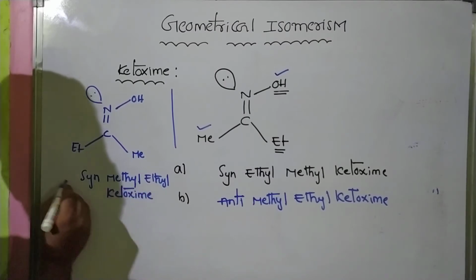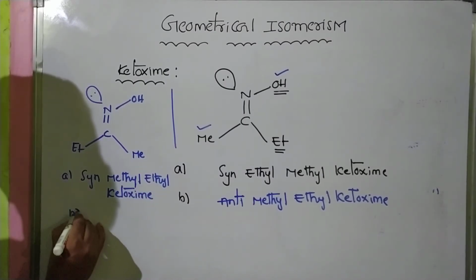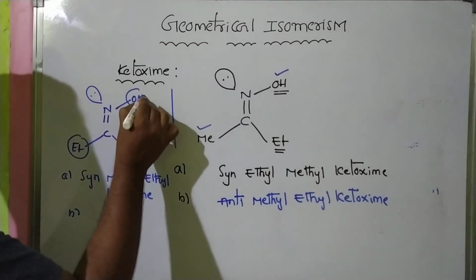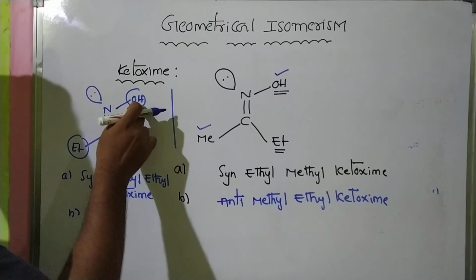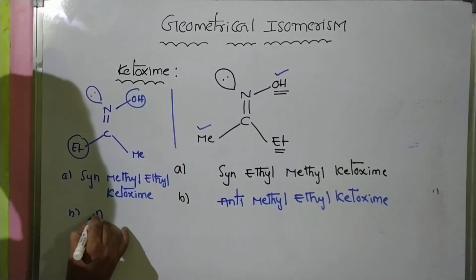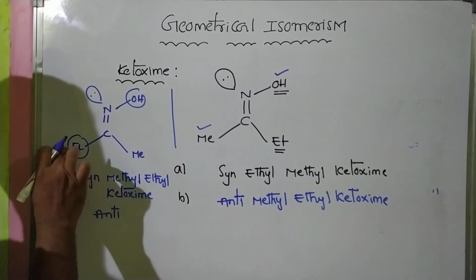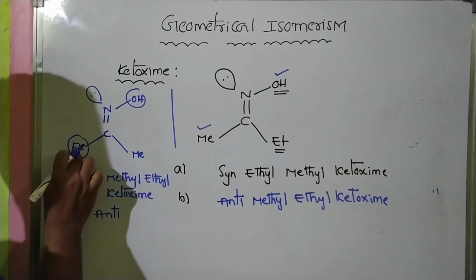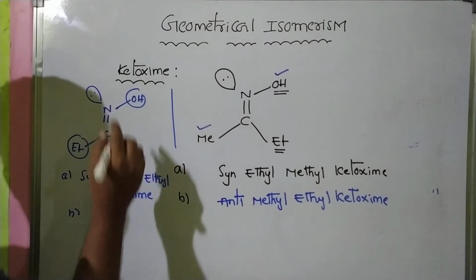So that is one notation. The second notation: now if we consider ethyl and OH, these are opposite to each other. Now the name is anti ethyl. Why did I write anti here? Because the ethyl group is anti to OH.